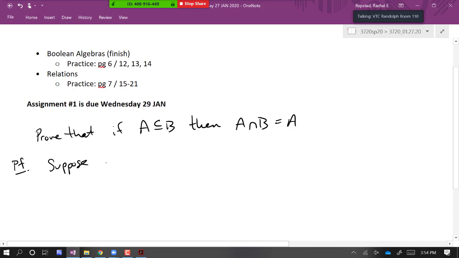Suppose A is a subset of B. What does it mean to say that A is a subset of B? All elements that are in A are in B. Yeah, right? Sometimes it can be helpful to paraphrase what something means before we actually invoke the fact. It can help prime us for thinking along the lines for making this fact useful. So all elements in A are also in B.